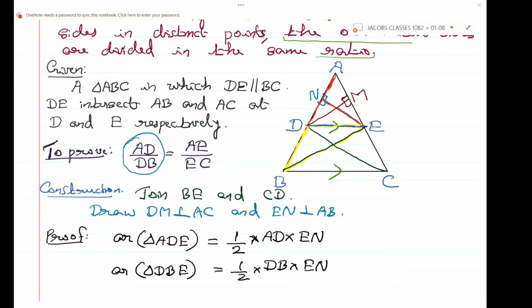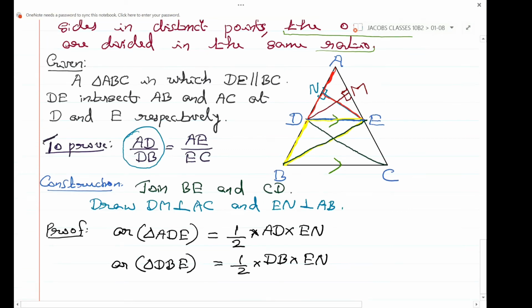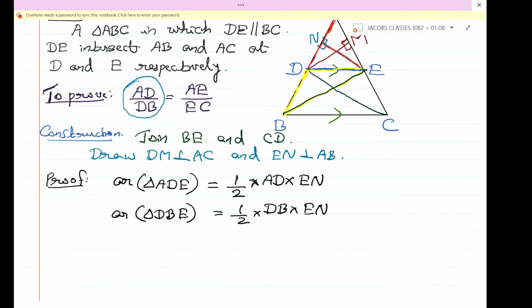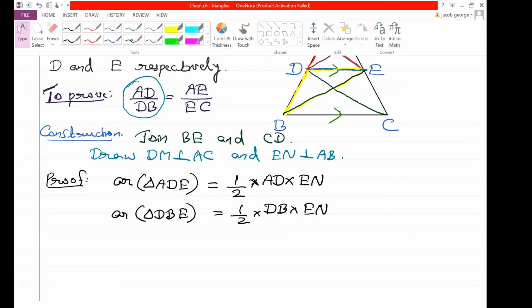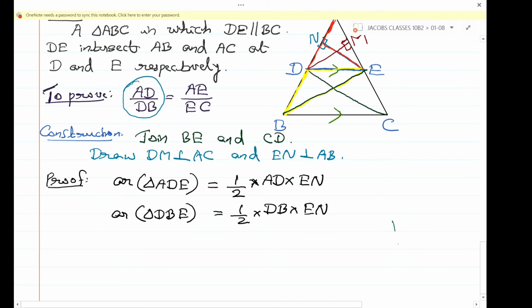How is EN the height? Somebody asked, so I will explain that. EN is perpendicular. So this is the shape of an obtuse triangle. Look at this, the same triangle I was drawing here. This is the triangle which I explained, DBE. Look at this, how to draw the height.